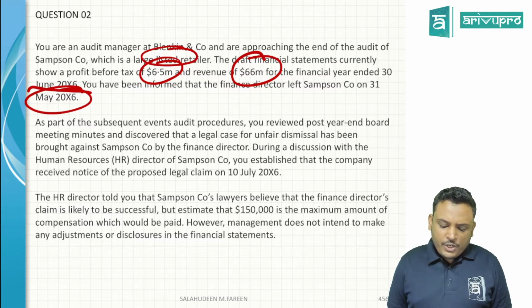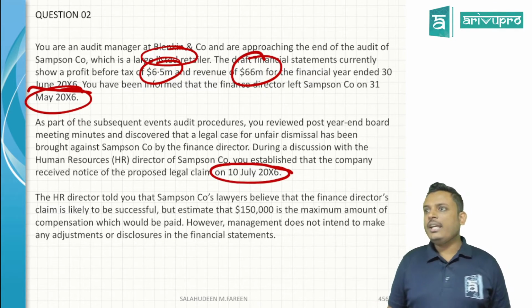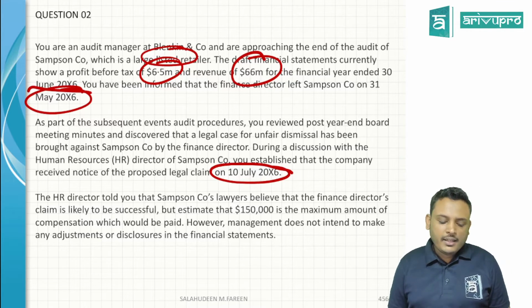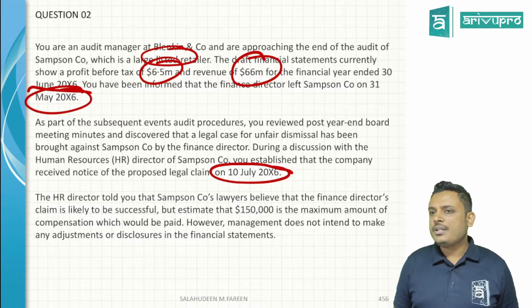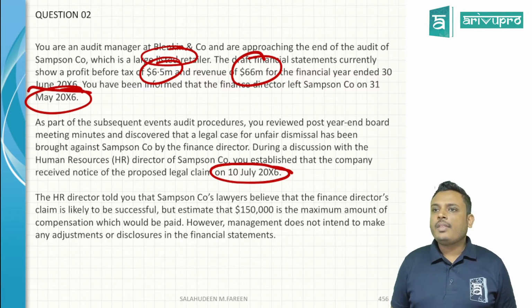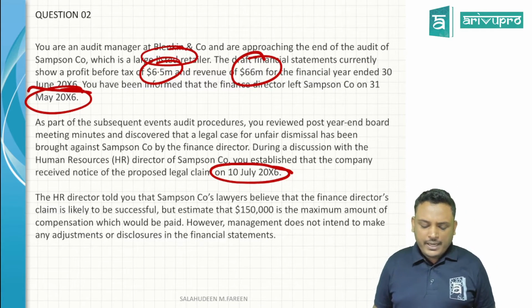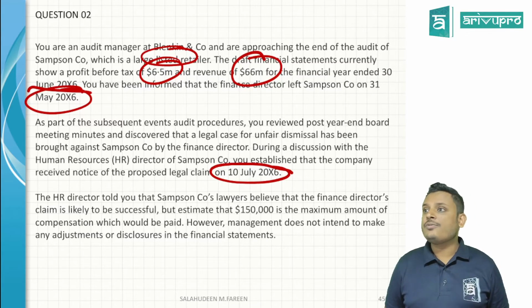During a discussion with the human resource director of S, you established that the company received a notice of a proposed legal claim on 10th July 2006. Year end is 31st June 2006. This particular legal claim was received on 10th July 2006. Right? Subsequent event. The HR director told you that S's lawyers believe that the finance director's claim is likely to be successful.